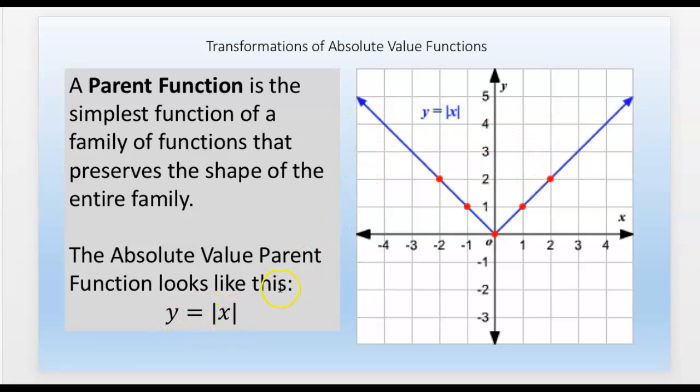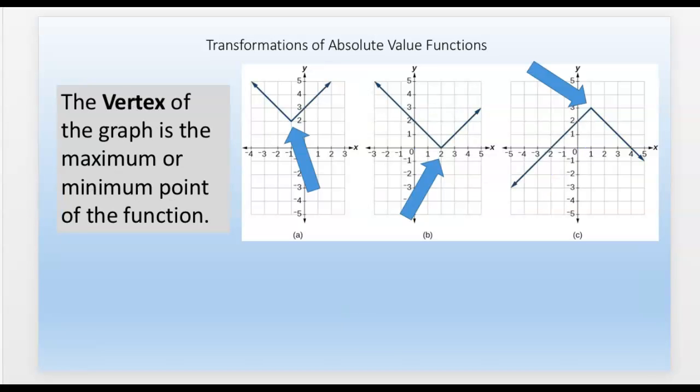If it was just y equals x, it'd be a straight line coming all the way down, but once x gets negative, it turns positive. The vertex of the graph is the maximum or minimum point of the function, where it changes direction, the point at the bottom or the point at the top if it's upside down. It can be an upside down V as well.